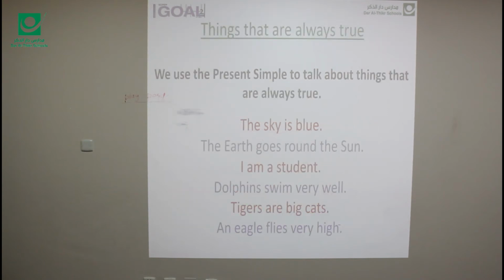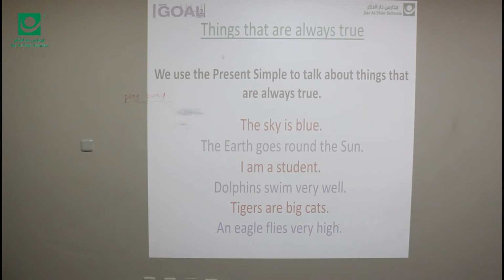Also, we can use the simple present tense to talk about things that are always true, like facts and scientific facts. For example, the sky is blue. This is a fact. The earth goes round the sun. Also, this is a scientific fact.